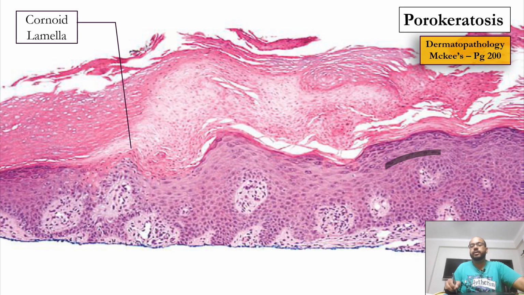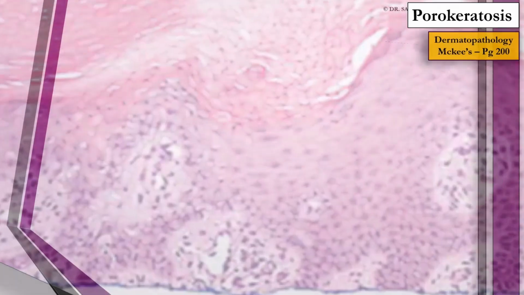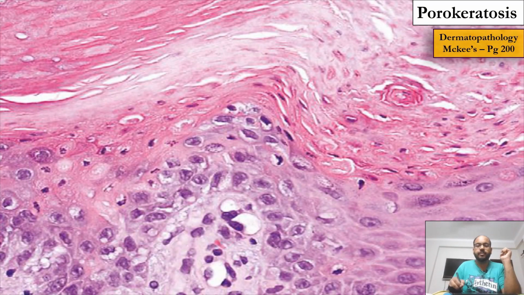So this is the cornoid lamella. Let's look at this lesion in this area of the slide a bit magnified. So the granular layer somewhat ends here, and you don't see cells filled with granules here. What you see here are keratinocytes which have vacuoles in them or empty spaces in between.